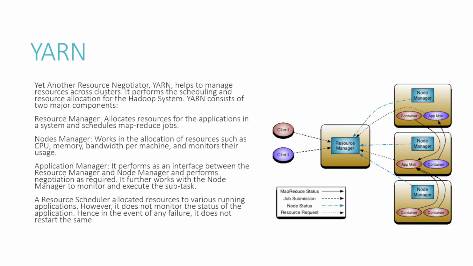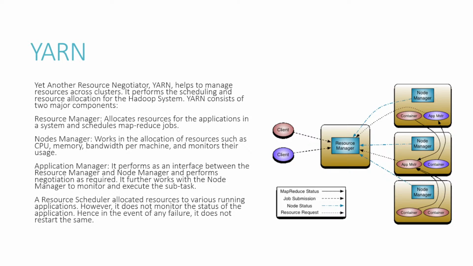The whole task is monitored by the resource manager, but the application manager is on each node, so it takes care of monitoring the actual app that got submitted. If two clients submit two different jobs, there'll be two different app managers, and those two app managers will take care of the local processing of those apps.